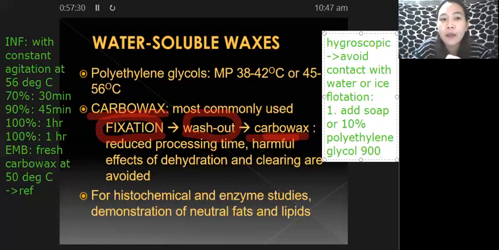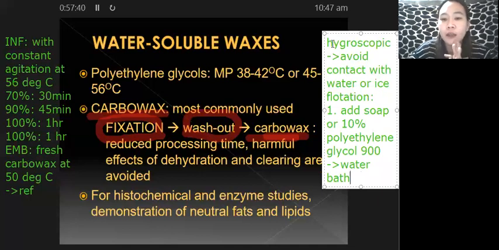So I repeat, you can add soap or 10% polyethylene glycol to your water bath. That means you still use water, but you have to add soap or 10% polyethylene glycol to your water bath. So that's one remedy.